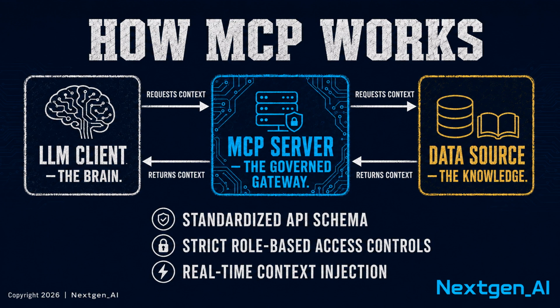Instead, it dispatches a standardized MCP request, retrieve P99 latency for auth service from the metrics platform. The MCP server then authenticates the request, translates it to the tool's native query, fetches the data, and returns it to the agent in a consistent format.